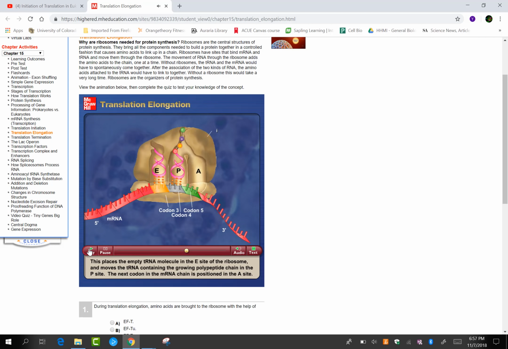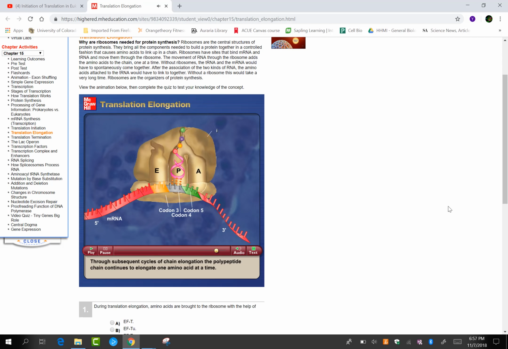This places the empty tRNA molecule in the E site of the ribosome and moves the tRNA containing the growing polypeptide chain in the P site. The next codon in the mRNA chain is positioned in the A site. The uncharged or empty tRNA in the E site then leaves the ribosome and a cycle of chain elongation is completed.